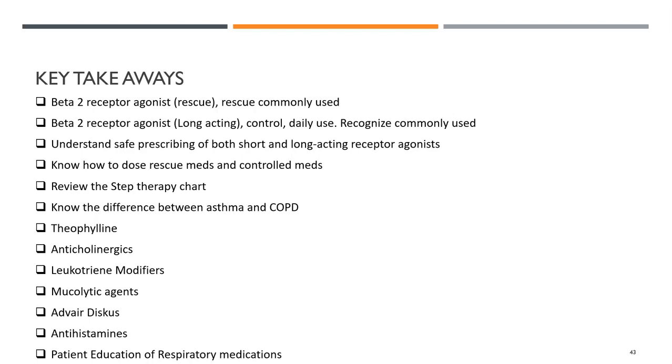Know a little bit about the Advair Diskus, antihistamines, and also patient education of respiratory medications. So I'll give you a few minutes to write this down. You will see it again on a blueprint, but this gives you your blueprint a little bit early.